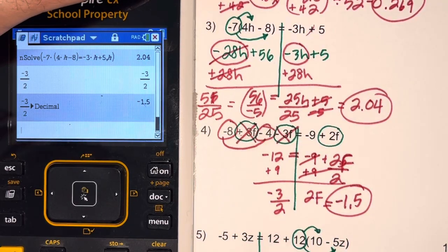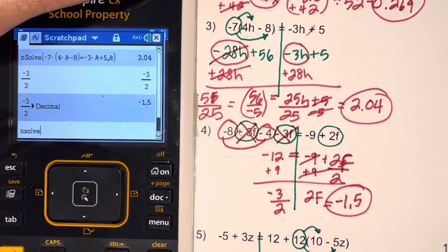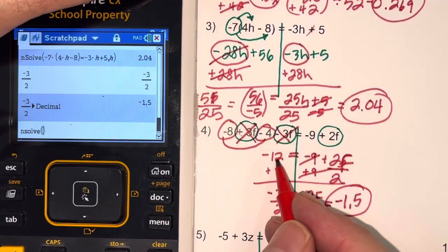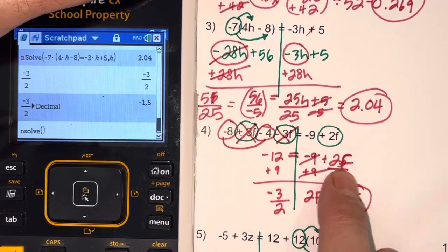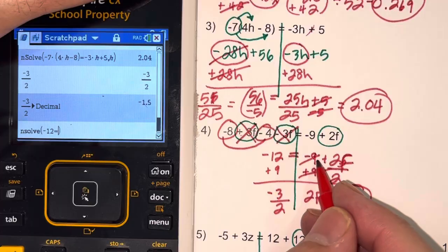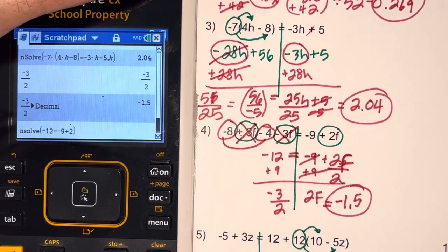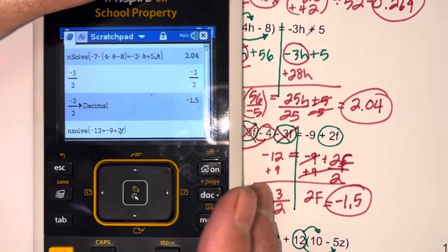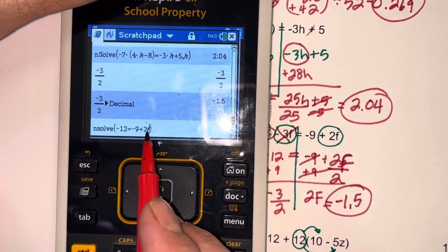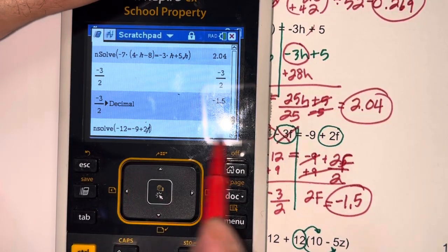and instead of going back up and typing all that in here, we can check our consolidated work. We can put nSolve parentheses, and let's just do this equation right here. It's a 2-step equation. So we have -12 equals -9 plus 2f.